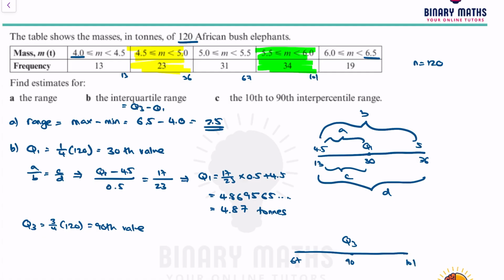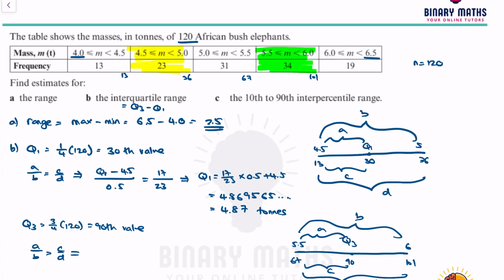And the class intervals are 5.5 and 6. So A over B is equal to C over D, which implies Q3 minus 5.5 over 6 take away 5.5, which is 0.5, is equal to 90 take away 67, which is 23, over 101 take away 67, which is 34.